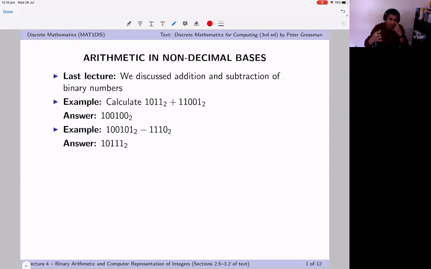Again, if you want to verify, you can do so by converting this number into decimal, that number into decimal, subtracting them, and then whatever answer you got, you convert that into binary to verify this. Yeah, let's do that quickly. What this number is, as you know, is 1 times 2 to power 0, plus 0 times 2 to power 1, plus 1 times 2 to power 2, and so on.